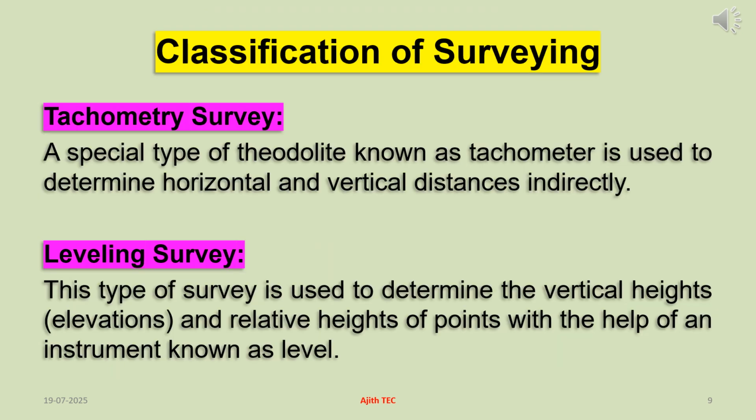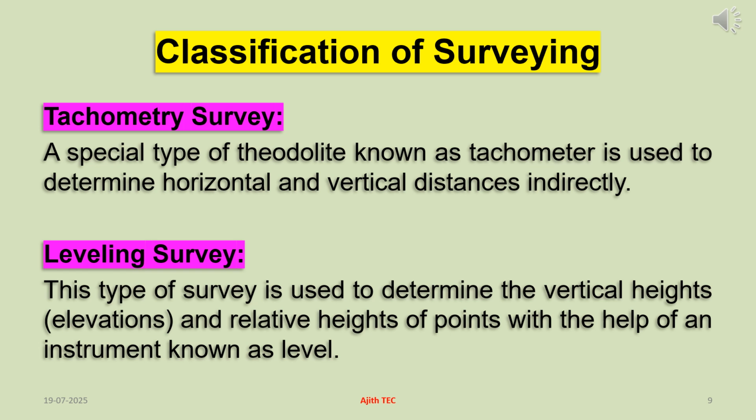Tachyometry surveying is a surveying method used to determine horizontal and vertical distances indirectly. It's particularly useful in areas where traditional methods like chaining are difficult or impossible, such as rough or uneven terrain, or where access is limited. Leveling is the process of determining the relative heights of points on the Earth's surface.